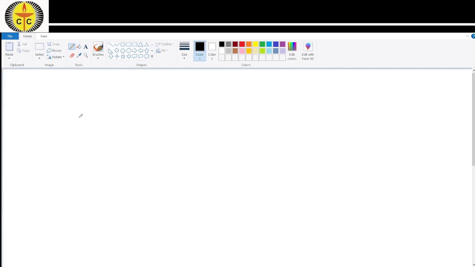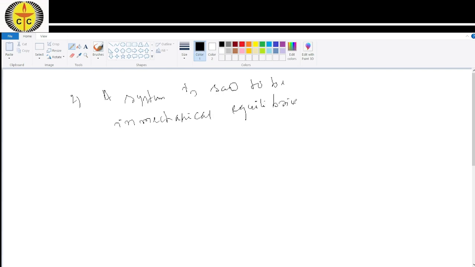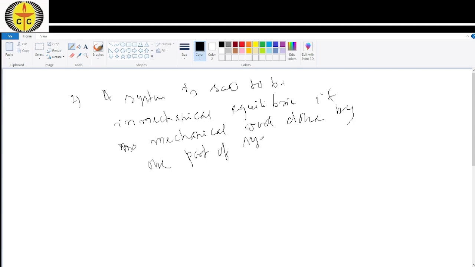A system is said to be in mechanical equilibrium if no mechanical work is done by one part of the system on the other part of the system.